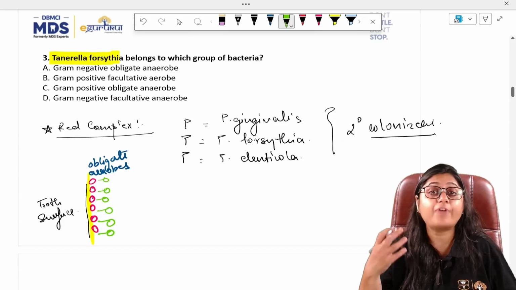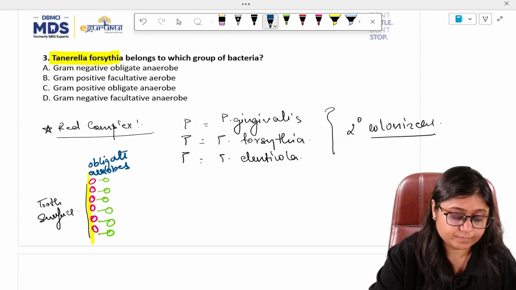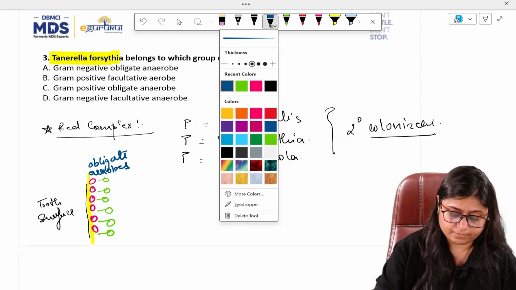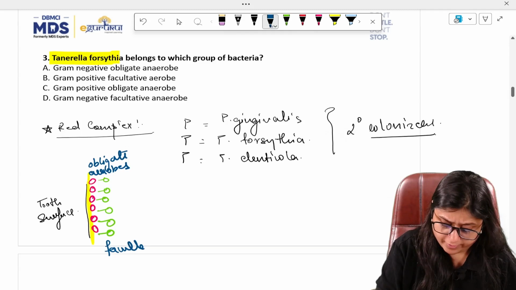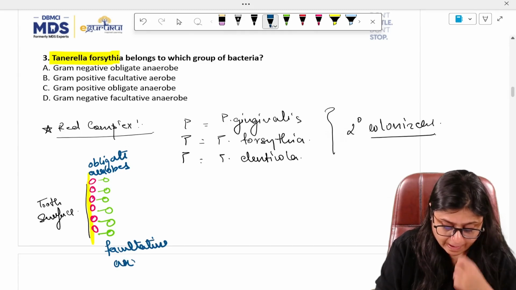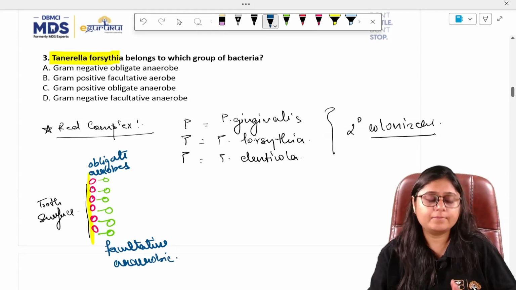So, they are called facultative aerobes, or facultative anaerobes, facultative anaerobic organisms. These bacteria can survive in the presence or in the absence of oxygen.